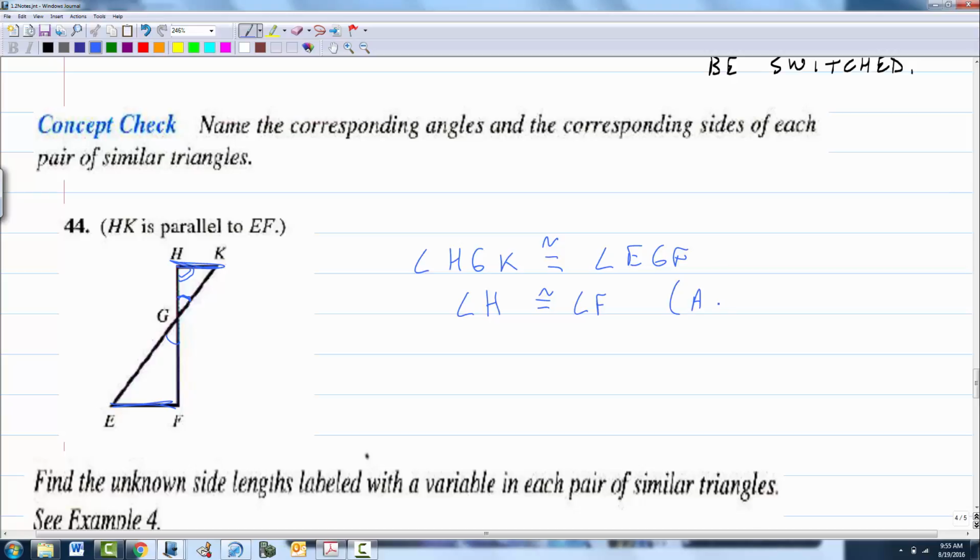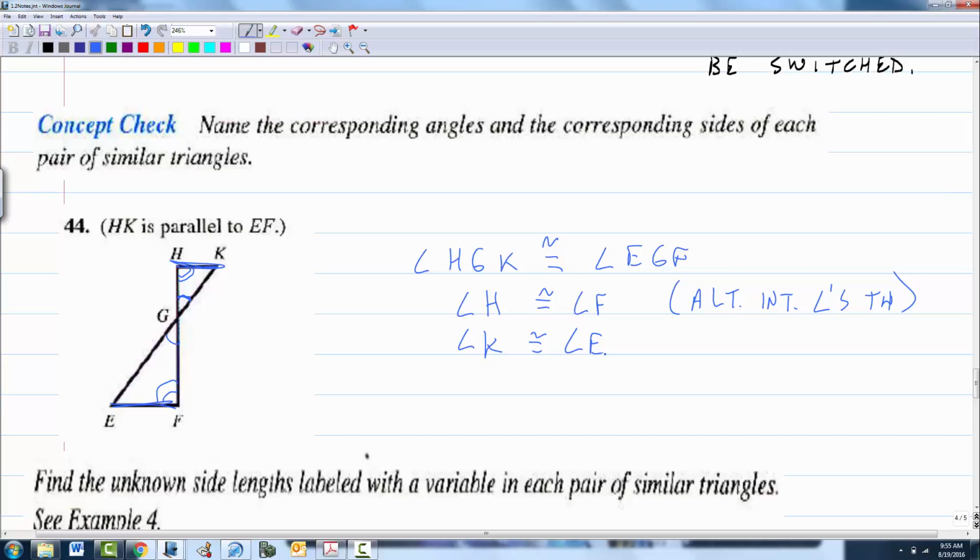Starts with an A. Alternate interior angles theorem. Okay? These are alternate interior angles. H, these are the 2 parallel lines cut by this transversal. So F is an alternate interior angle to H. Then, of course, that gives you K and E. All right? And it's the same reason.